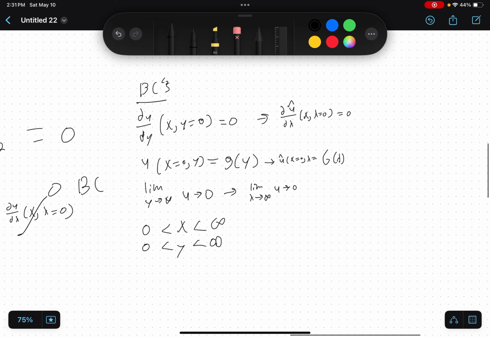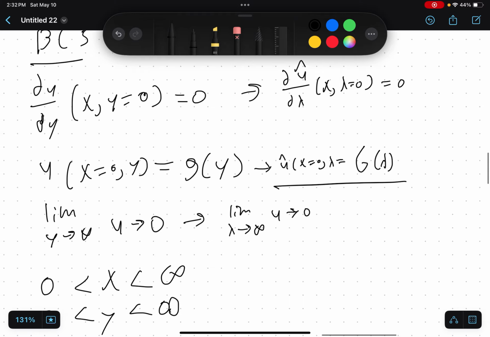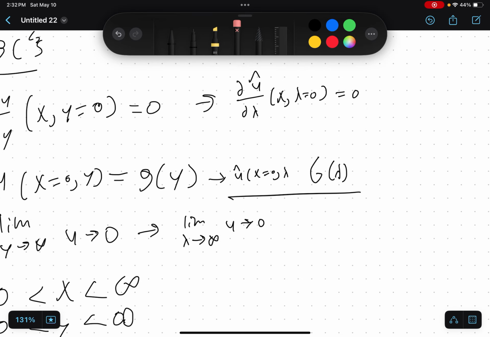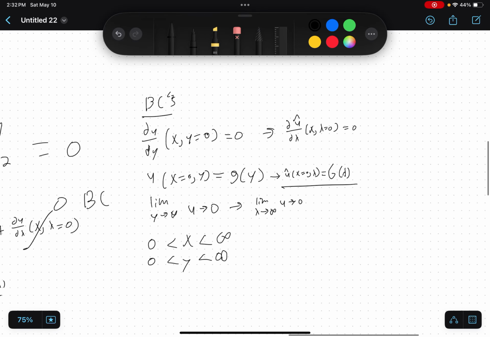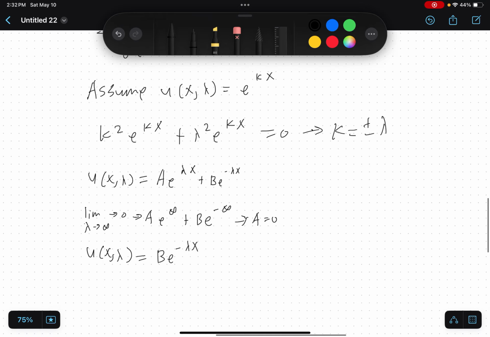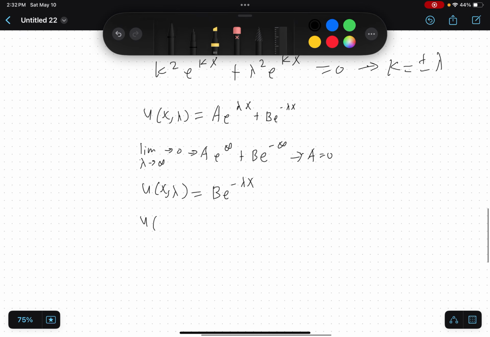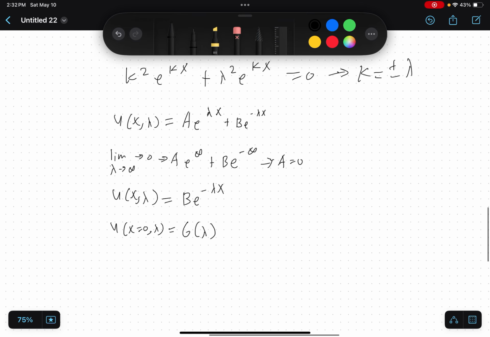Now I plug in our next boundary condition. Now I plug in this. I think that's literally it.